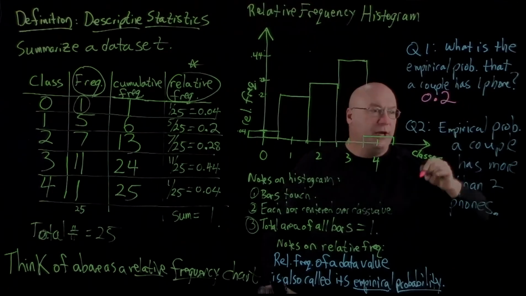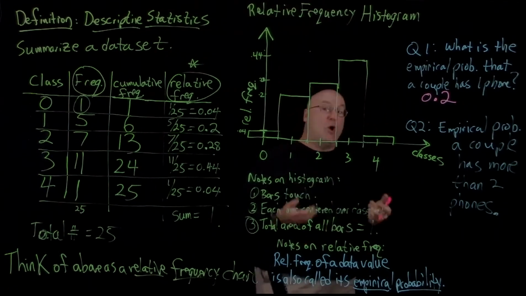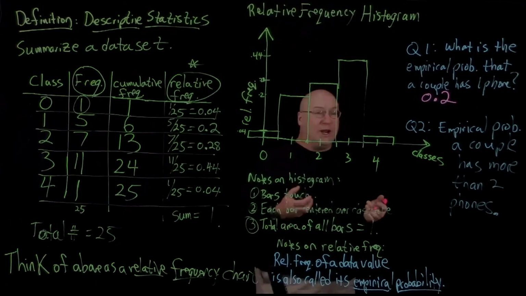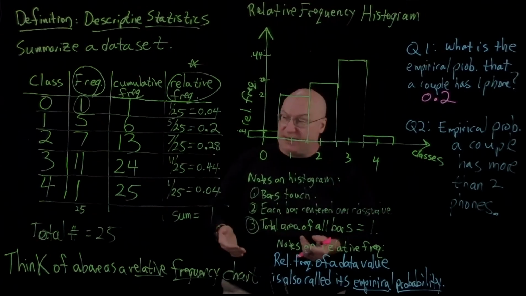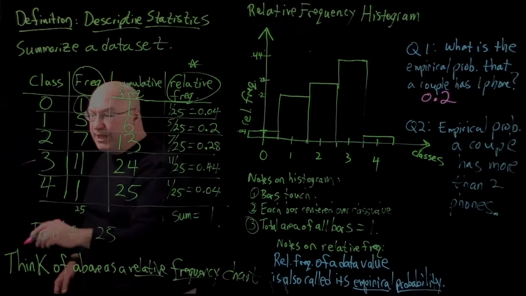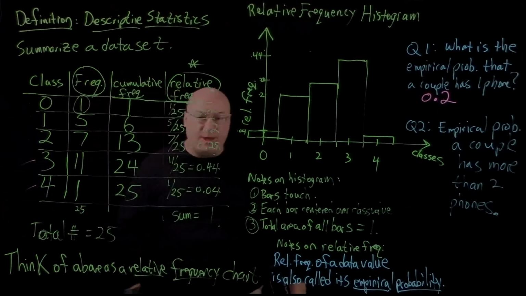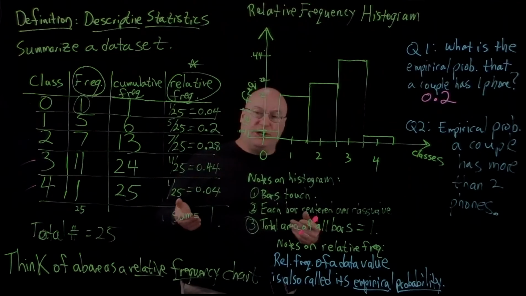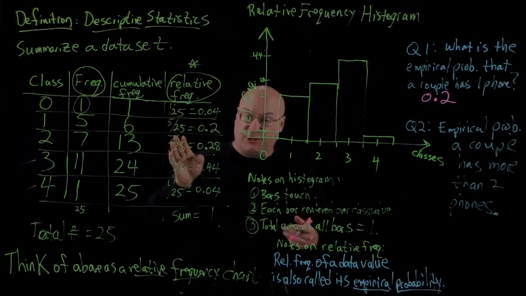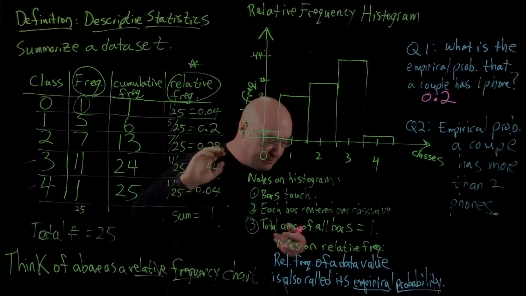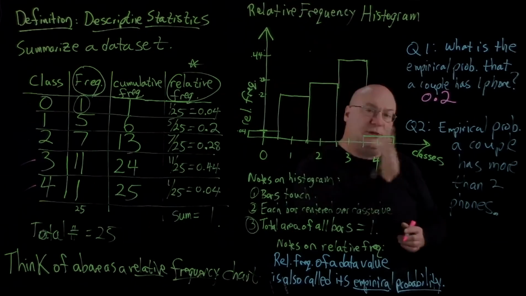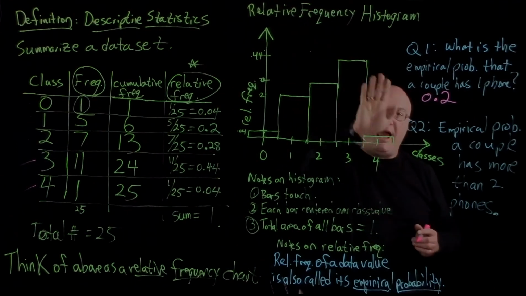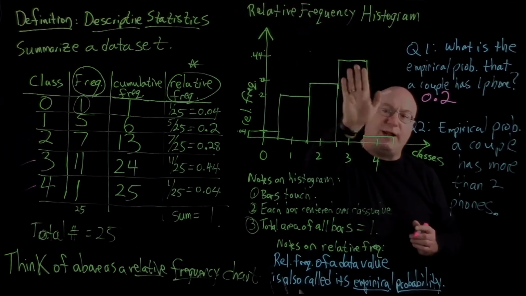Empirical probability a couple has more than 2 phones. What I need to do there is think to myself, what does more than 2 phones mean? In this context, more than 2 phones means 3 or 4. So naturally, I'm going to come over either to the relative frequency chart and look at these relative frequencies and add them up, or I'm going to come back over to the histogram and add up the area that I have right here.